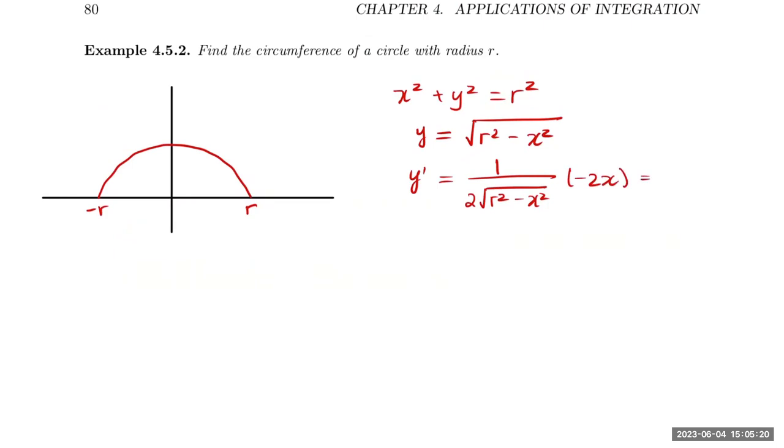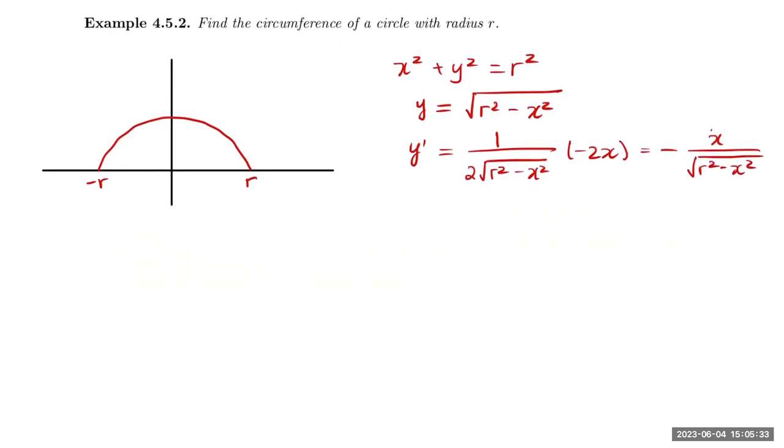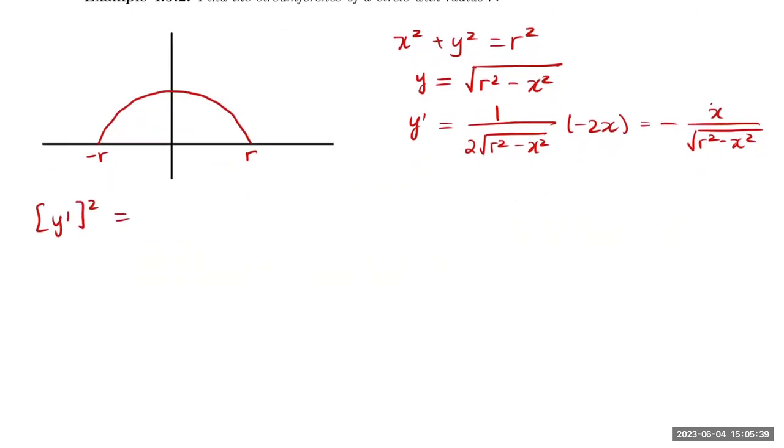The 2's cancel, and we have negative x divided by root r squared minus x squared. Then we square the whole thing, so y prime squared equals x squared divided by r squared minus x squared.